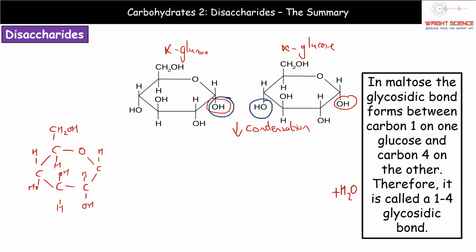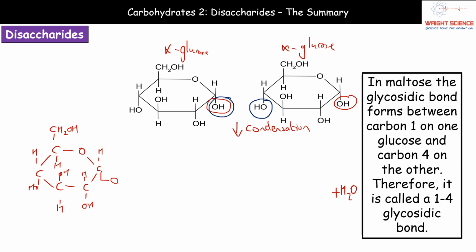Now the condensation reaction means that we are going to be losing a molecule of water made of 2 hydrogens, 1 oxygen. So what's going to happen is from that carbon we are going to end up with just the oxygen. So the hydrogen is going off to be part of the water molecule.